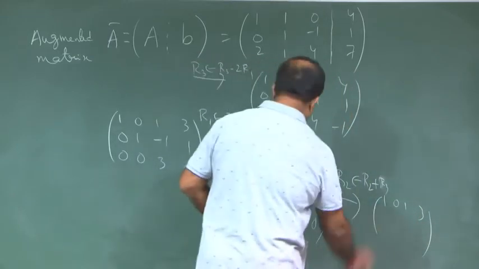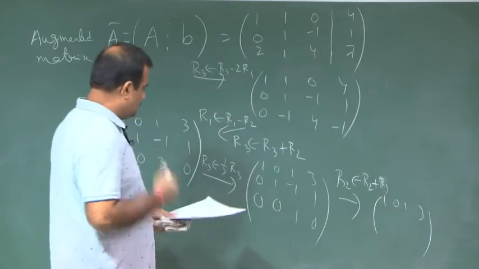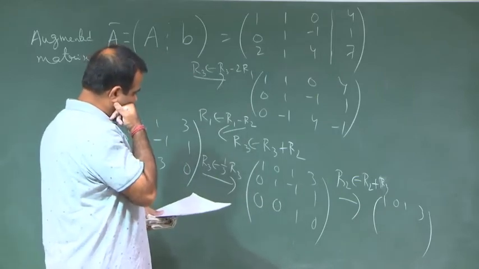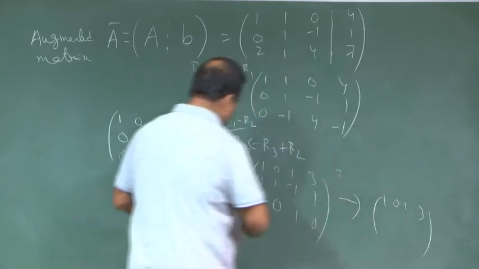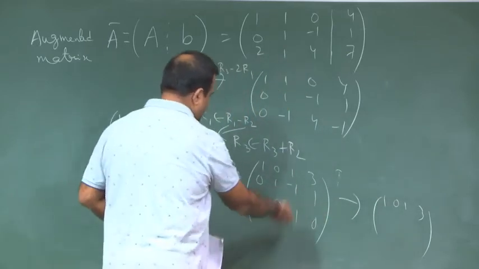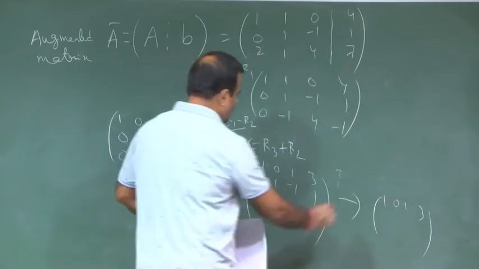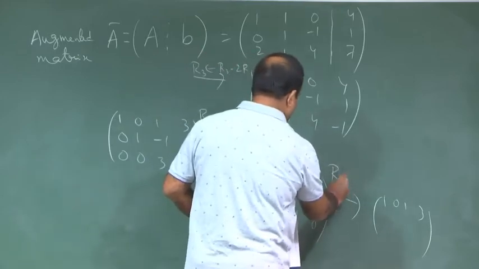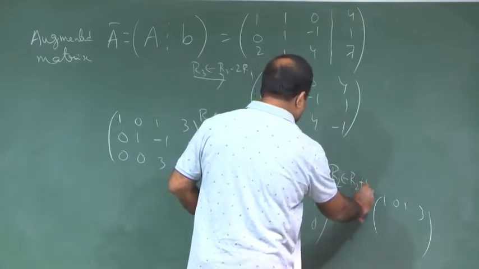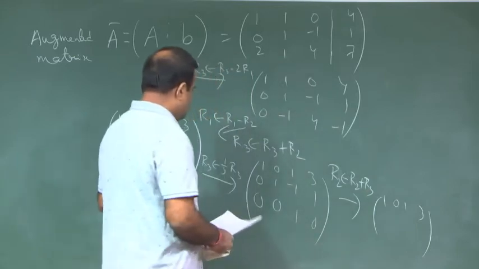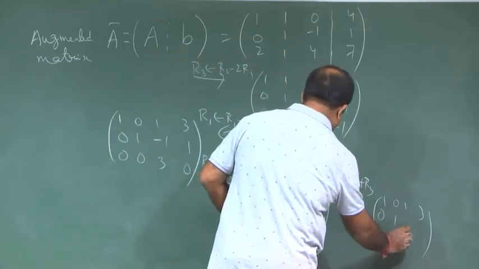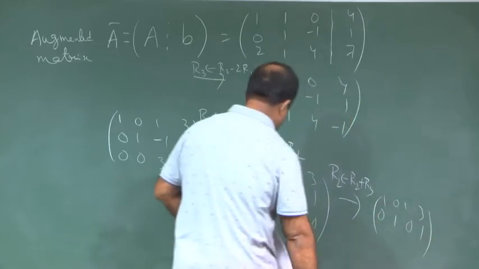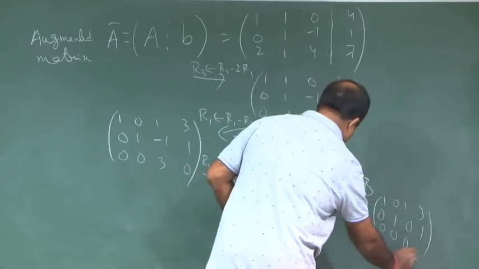Not R2 plus R3 is not a good idea, because we want to make this 0, so we can add this. So R2 goes to R2 plus R3. Yeah. So now this will be 0 1 0 1 0 0 0 0.